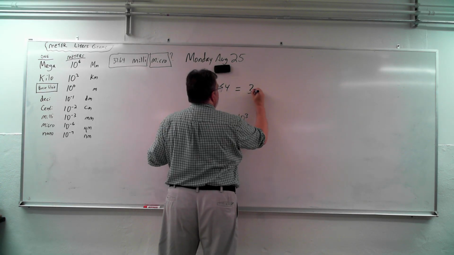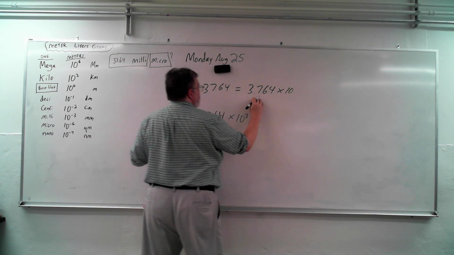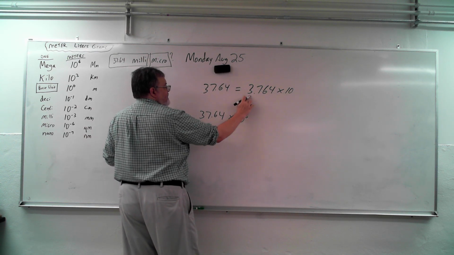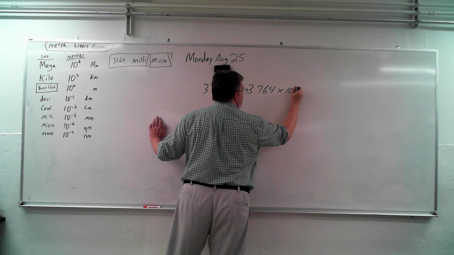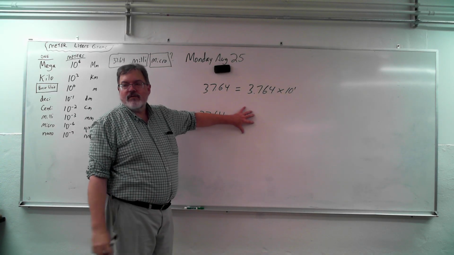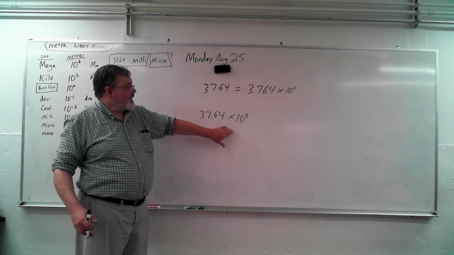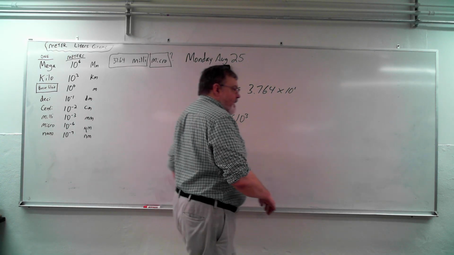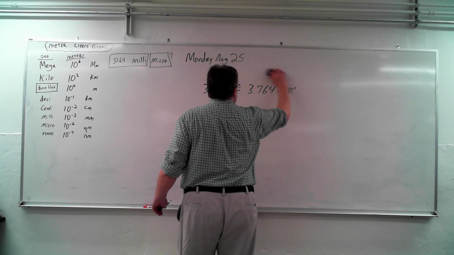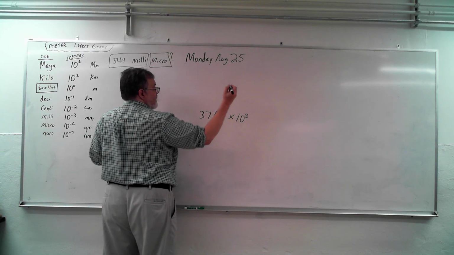This would be 3.764 times 10 to the, to turn this into this, it's 10 to the 1. There's standard scientific notation if there was not a power of 10 stuck on our answer here. We got to the end of our answer, there was a power of 10 here. If you've got a power of 10 and you're going to go to standard scientific notation, here's how I'll tell you to do it.